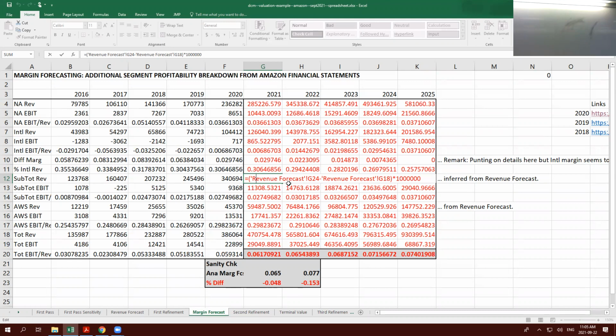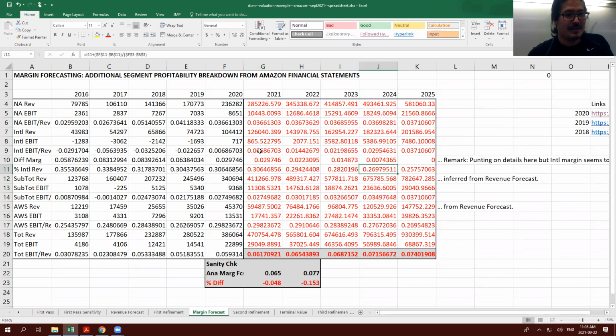So I subtract that from both sides. The sum of non-AWS on both sides should be the same. So I take the sum of those three things from my revenue forecast, then take this percentage of it to get my international revenue, and take 1 minus this percentage of it to get the other number. Folks okay with that? I mean, it's logical, right?